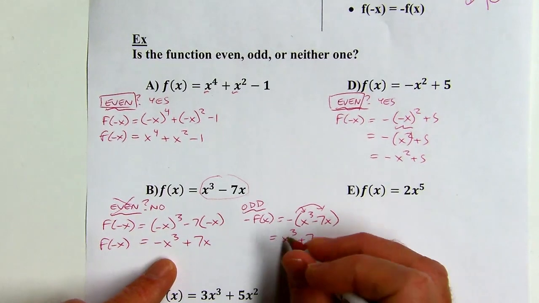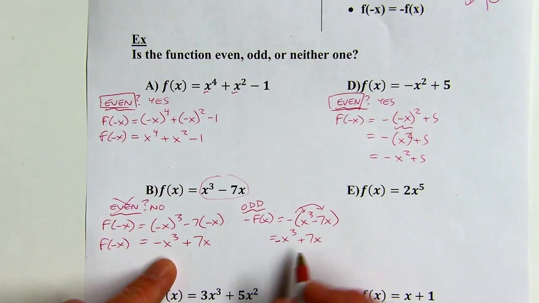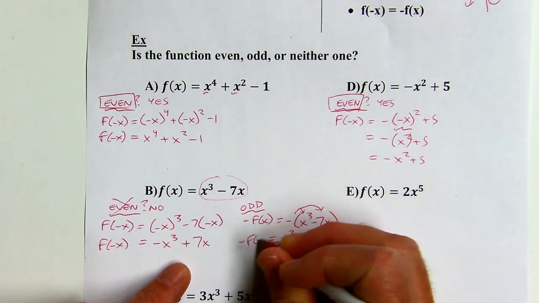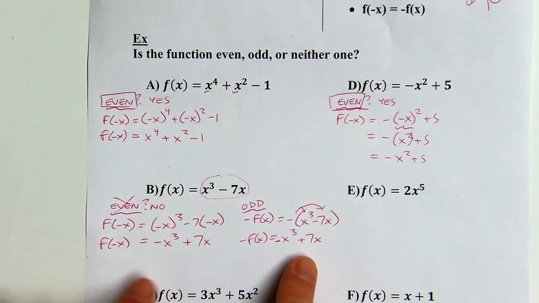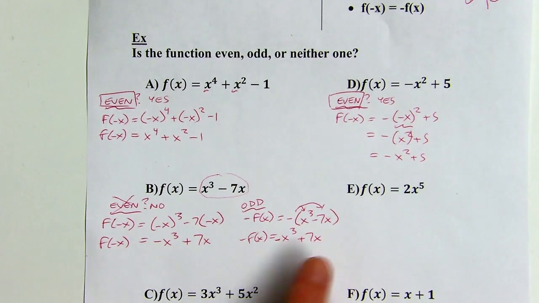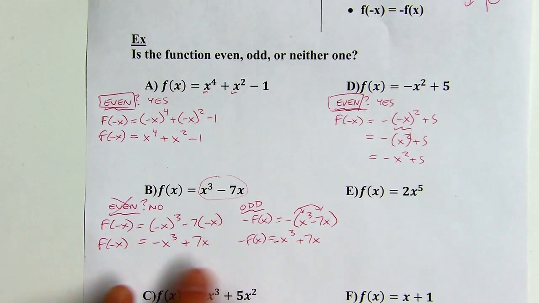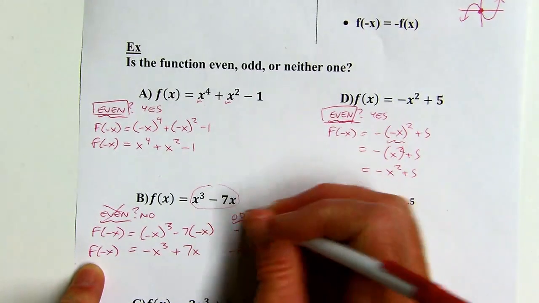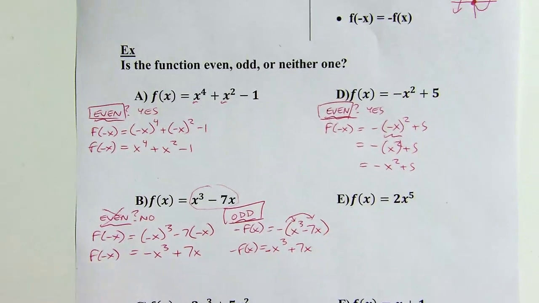I forgot the negative. Negative x to the third plus 7x. There it is. Those are equivalent, right? And now I can see negative f of x is equal to f of negative x. These are the same thing. This isn't equal to the original function, but it's equal to f of negative x, and that's what I'm checking for odd. So this one's odd, okay?